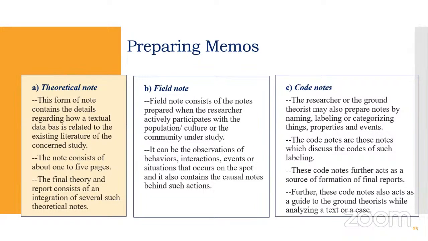Based on the interactions, the researcher can have certain insights about the behavior. Okay, why and how the behavior is taking place, why someone is behaving in a particular way, whether whatever the person is saying is something that is explaining his or her behavior or not. So all these can be written down as field notes.